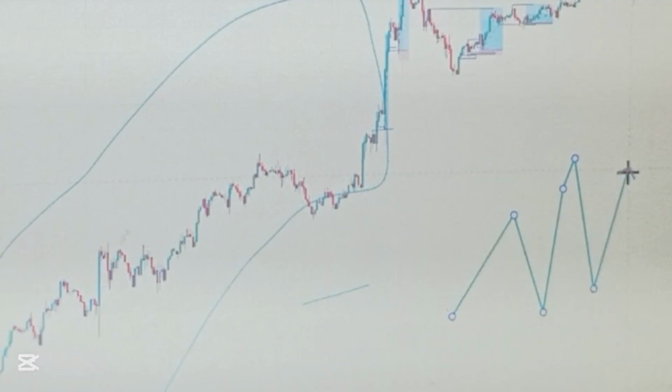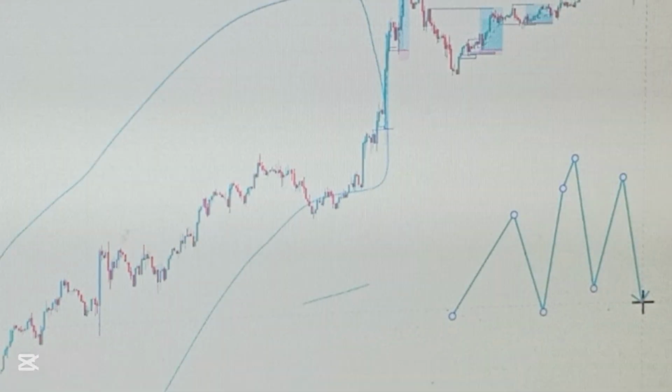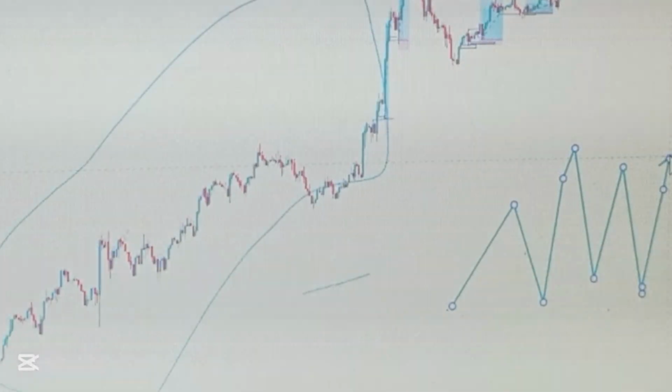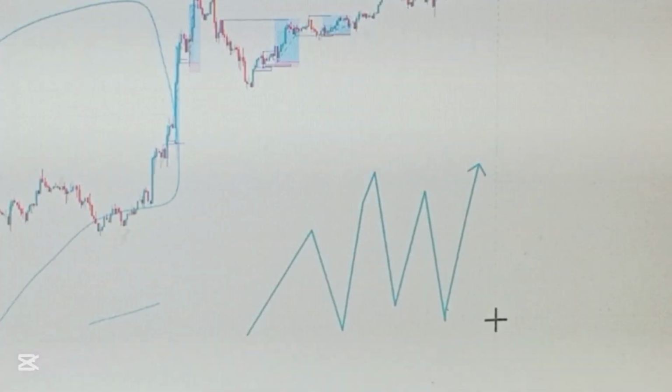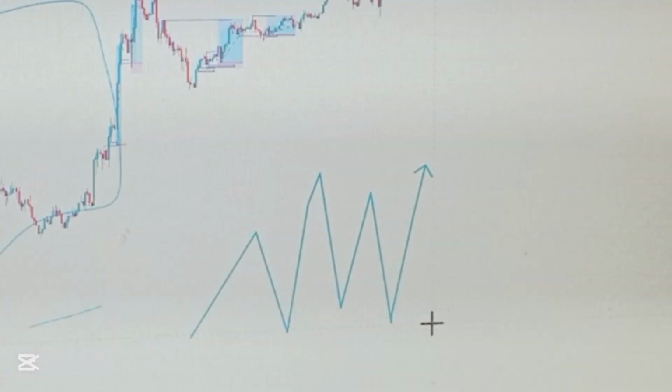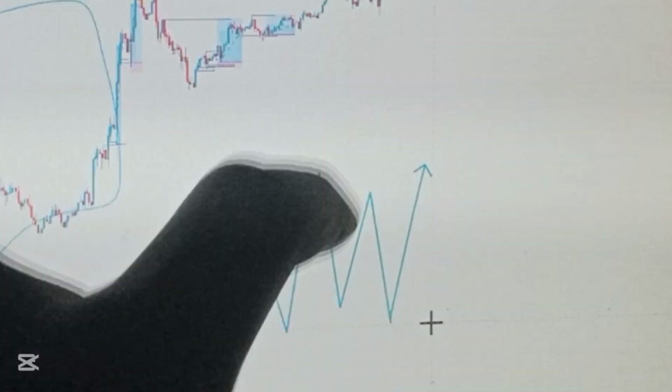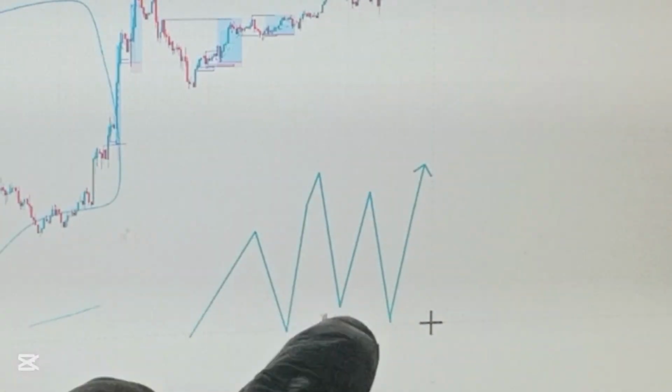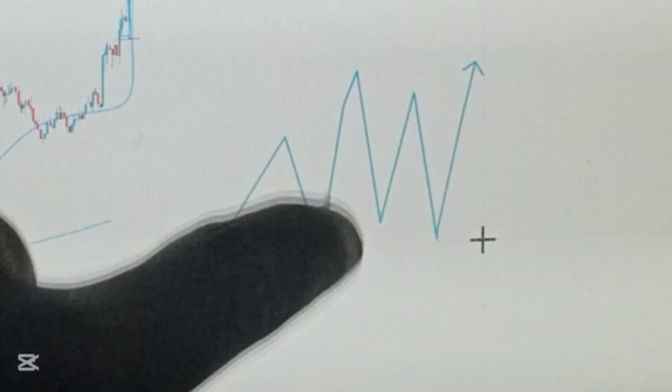You can see this is what's on my screen. I look out for this on the higher time frame. I look for a demand zone, the demand zone that caused this breakout.